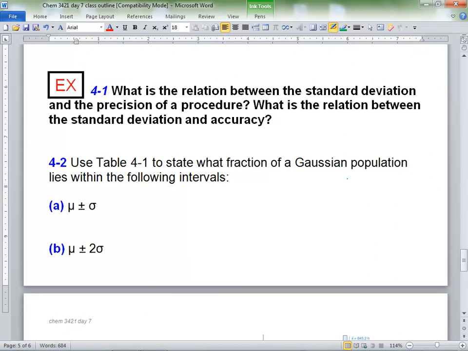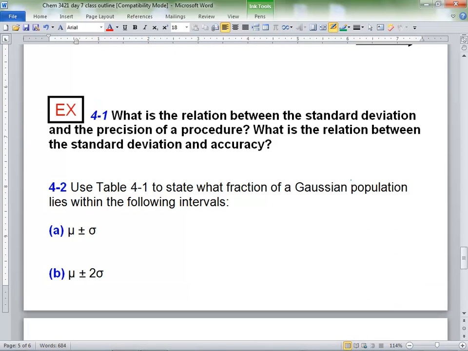Okay, this is kind of what Zach was asking about. Use table 4-1 to state what fraction of a Gaussian population lies within the following intervals. So what they're saying is that plus or minus 1 sigma, or 1 standard deviation.